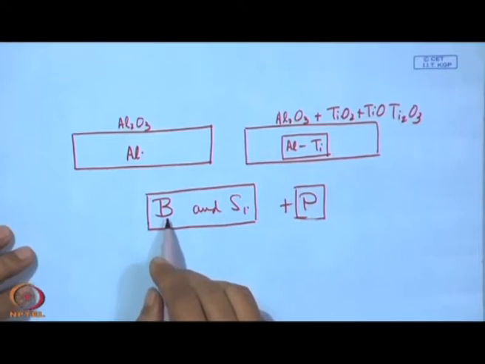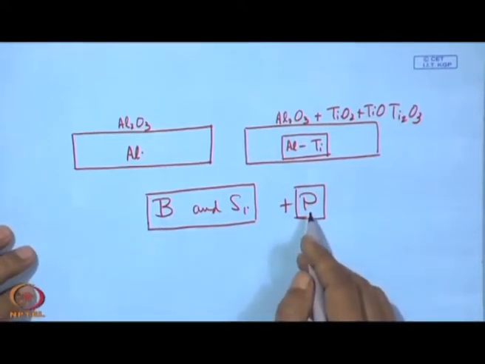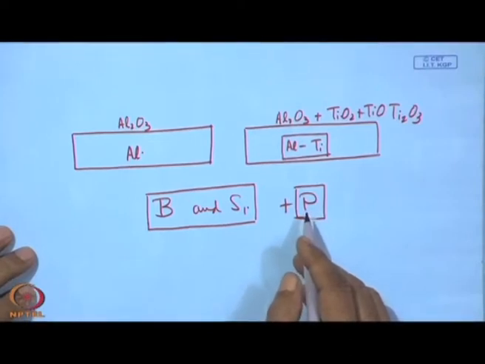So, boron, silicon or phosphorus were quite effective in protecting the substrate material even in open atmosphere deposition, but unfortunately for those substrate materials containing aluminum or titanium, it cannot reduce.